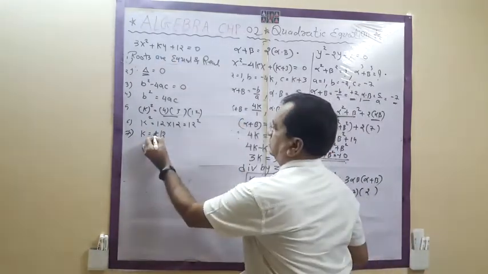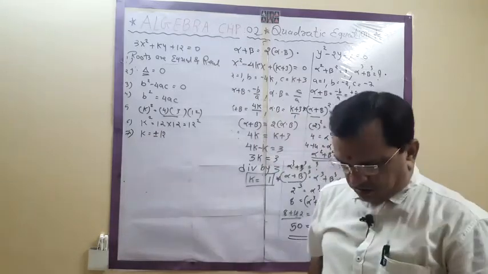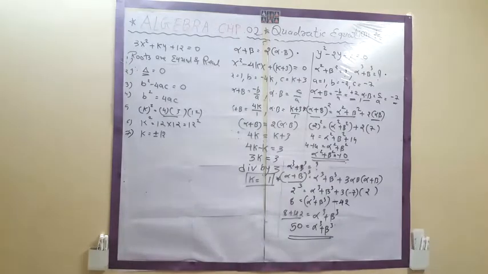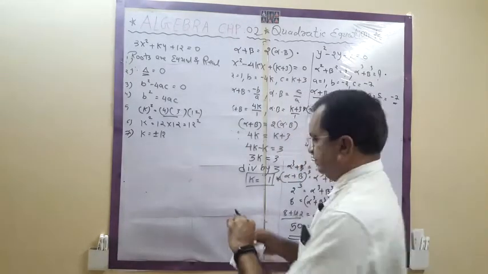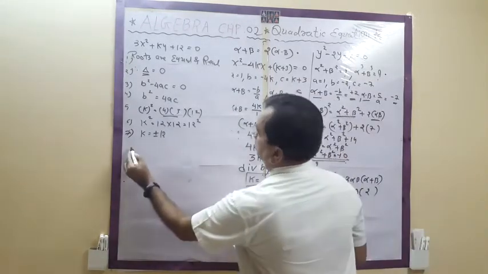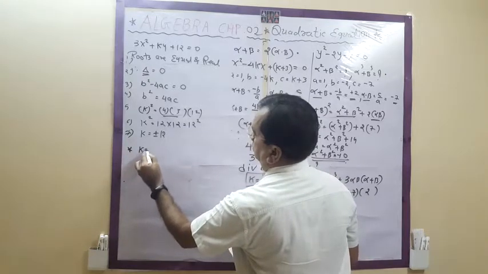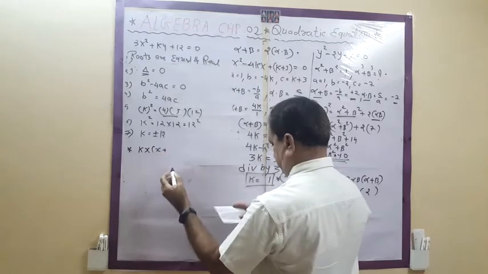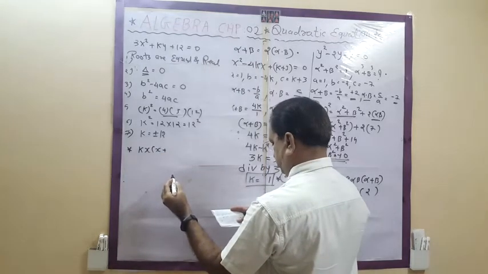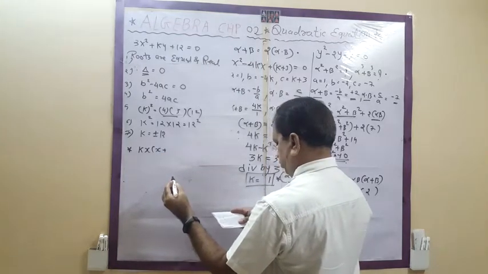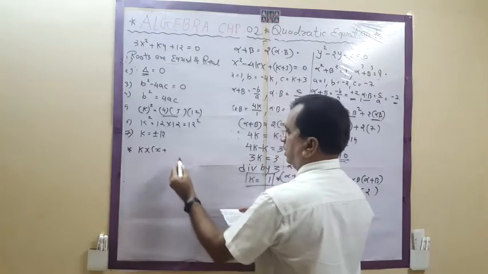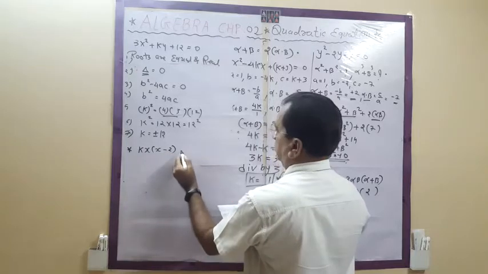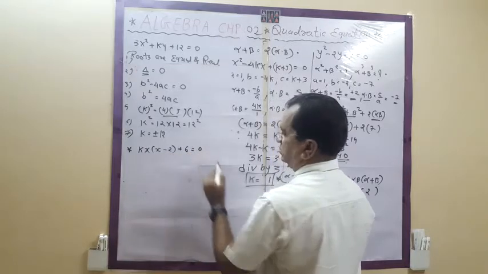Correct? One more question of the same type. Kx in bracket x plus 2, x minus 2, plus 6 is equal to 0.